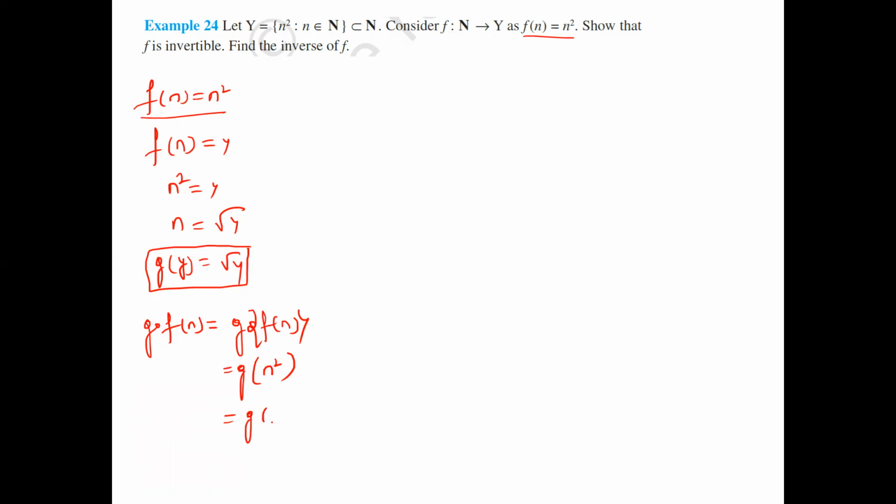This can be written as g of t, where t equals n square. Now g of y equals root y, and in place of y it is t, so it's nothing but root t. Now what is the t value? n square. So square root and square get cancelled, and we get n.